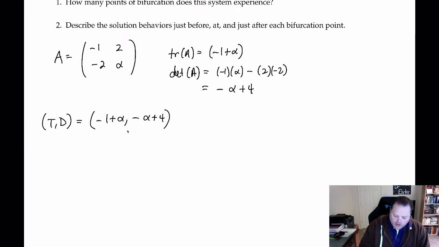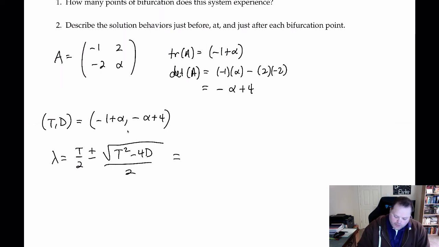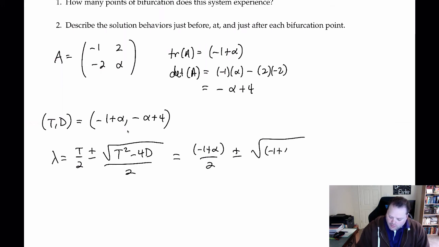And we know from the formula just above that the eigenvalues we have will be t over 2 plus or minus the square root of t squared minus 4d over 2, which would be (-1 plus alpha) over 2 plus or minus the square root of (-1 plus alpha) squared minus 4 times the determinant, all over 2.